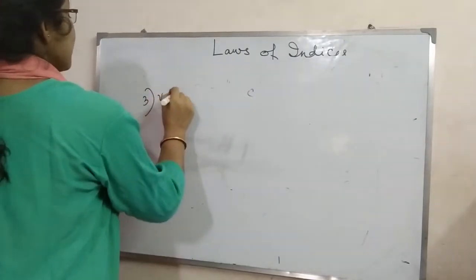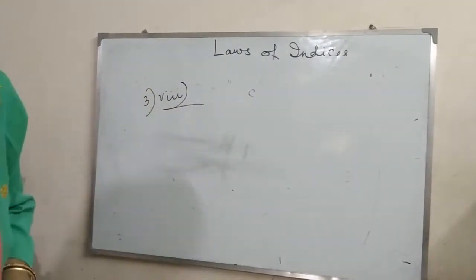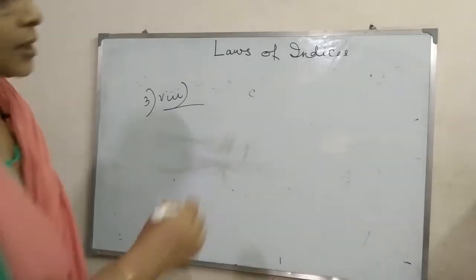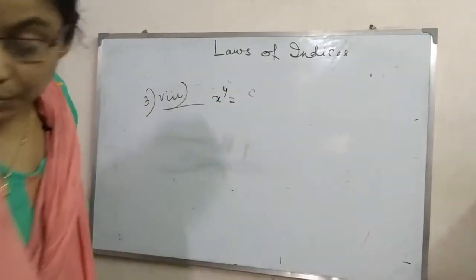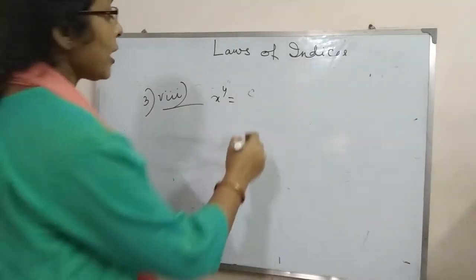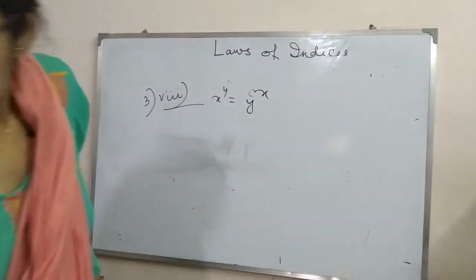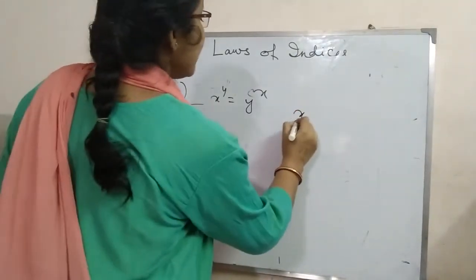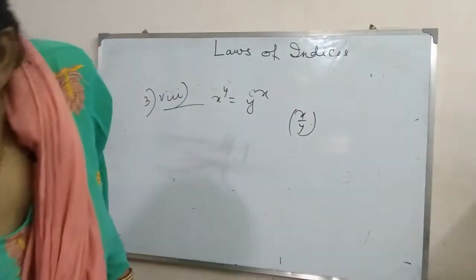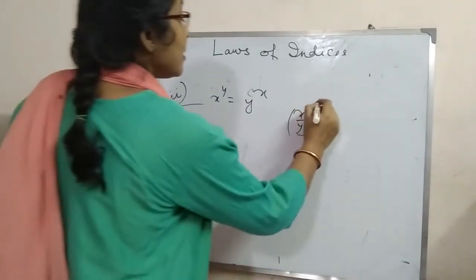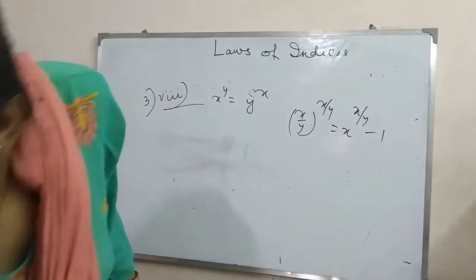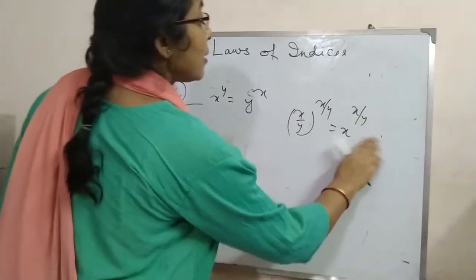Sum number 8. If x to the power y equal to y to the power x, so that (x by y) whole to the power x by y equal to x to the power (x by y minus 1).